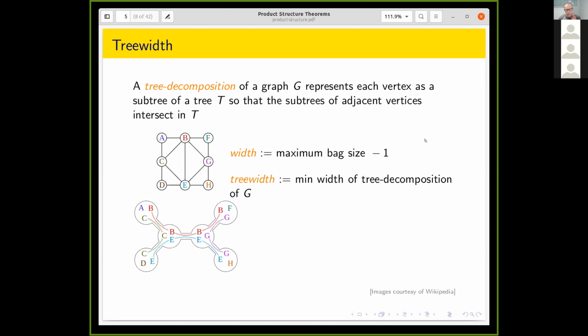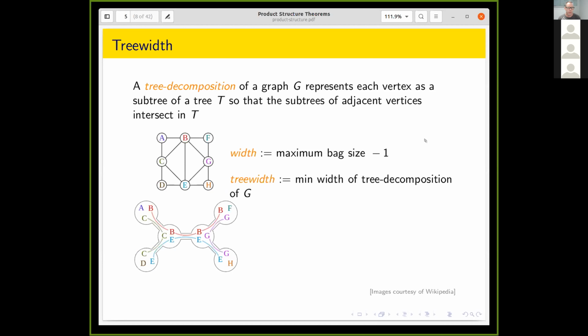Okay, so for tree width, probably many of you know the definition. Those of you who don't or haven't seen it before, I'll give it, but I'd like you to keep in mind that actually for the rest of the afternoon, you can get by without even knowing the definition, except to understand that graphs of small tree width are fairly simple, well understood in many ways, and that's the critical thing.